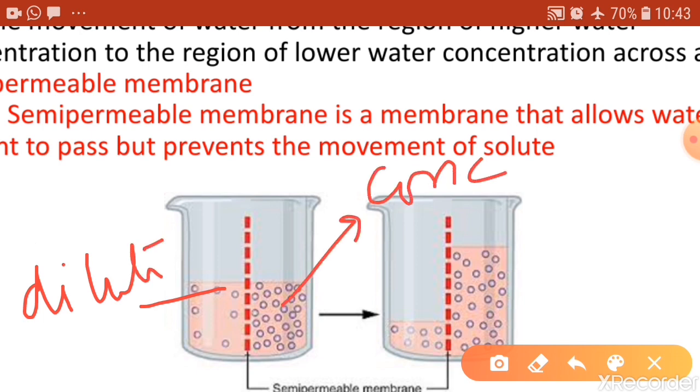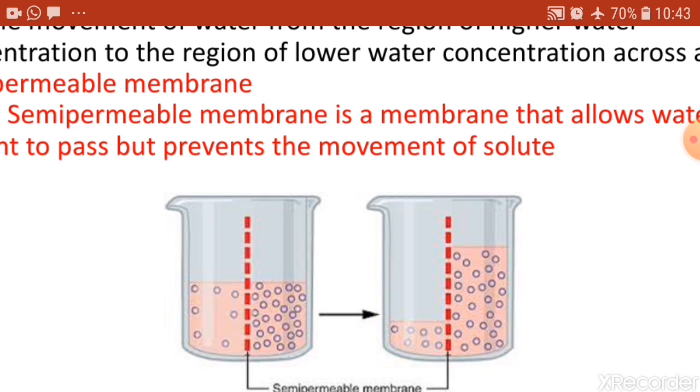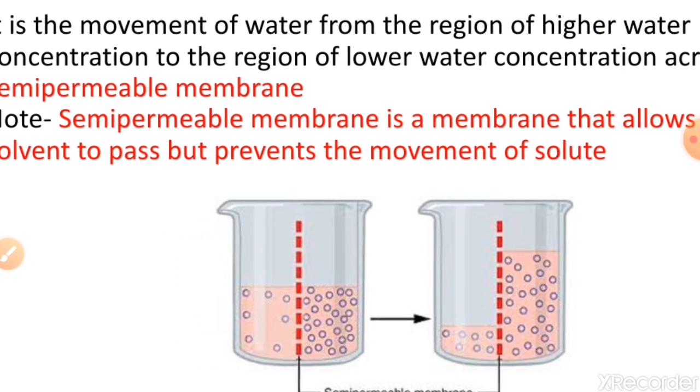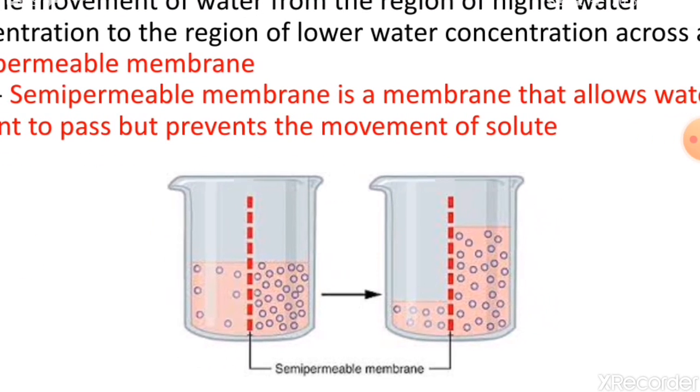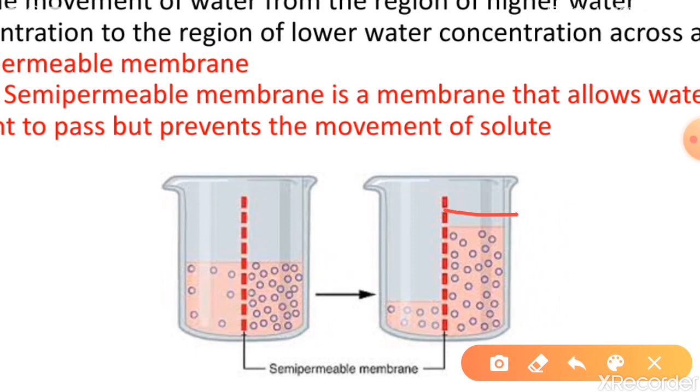What you find is that when two solutions of different concentrations are separated by a semi-permeable membrane, the level of the solution on one side will be increasing, and this increase in the level that you see is actually because of water moving from the region of higher water concentration. On this side, the free water molecules are more in number when compared to the solution which is concentrated.